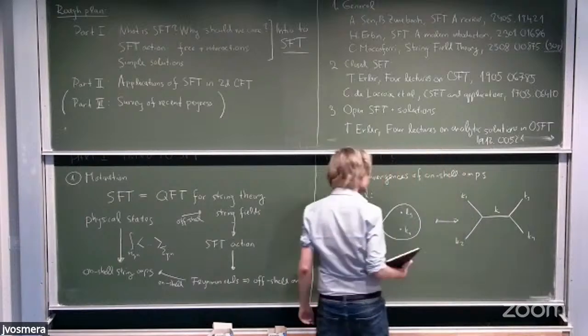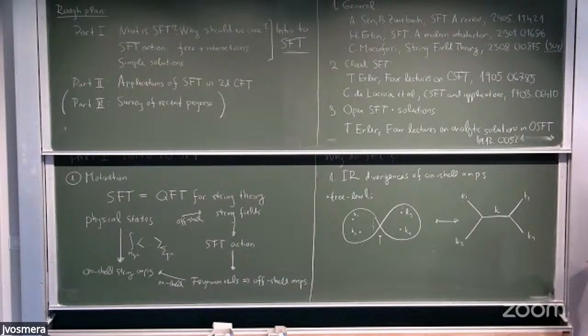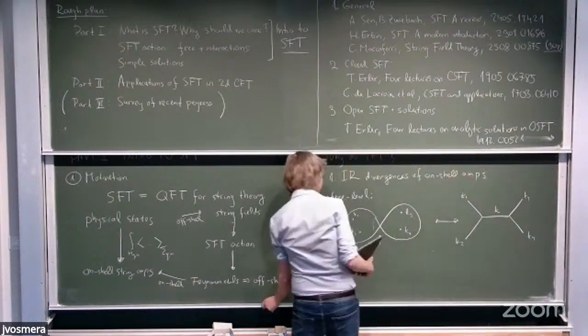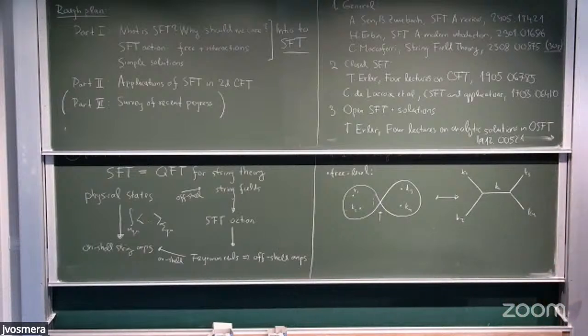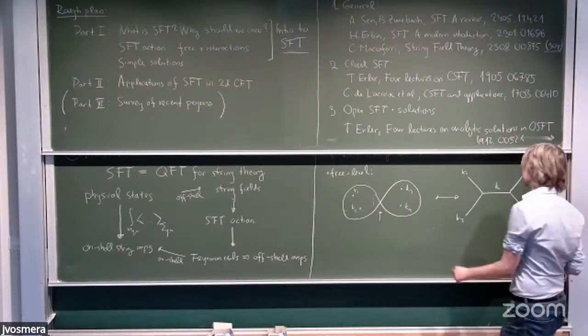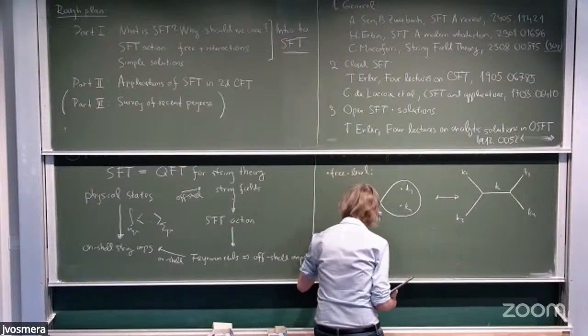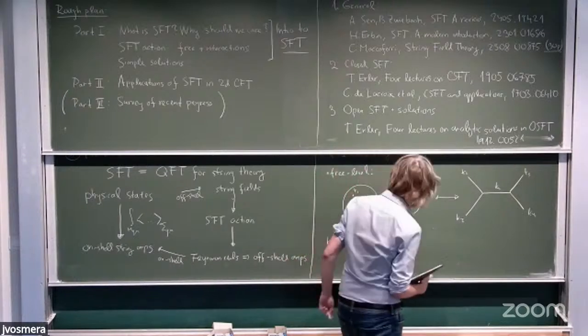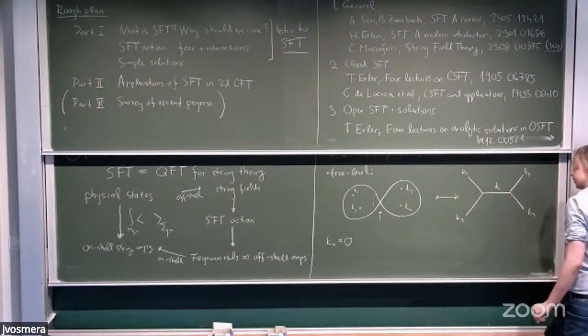And for generic choices of K1, K2, K3, and K4, this momentum K and the propagator will be off-shell. So this is fine. But now, when there are massless particles in the theory, I can in principle choose one of the external momenta, let's say K4, to go to 0. So let's see what happens then. If K4 goes to 0, then by momentum conservation, K becomes equal to K3.